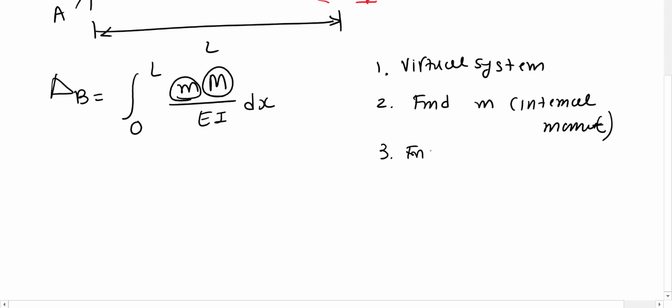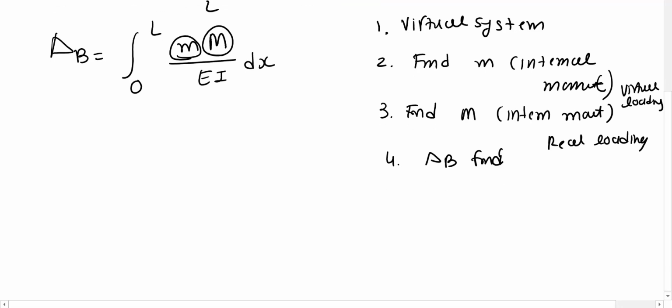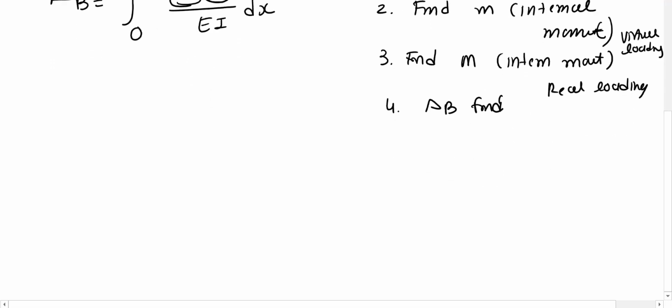Then we're going to find the capital M, which is the internal moment due to the real loading. Fourth, we're going to apply this to find delta B.